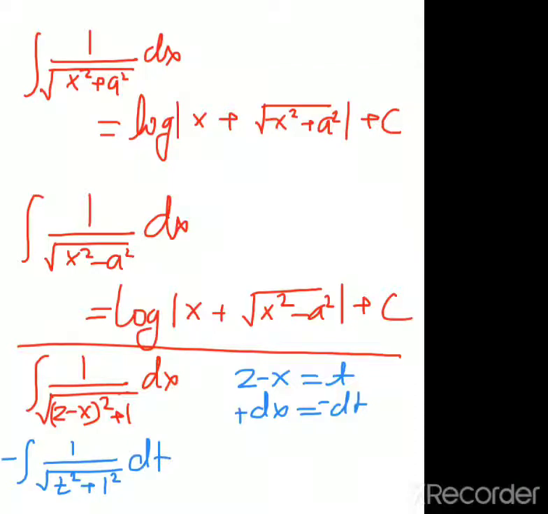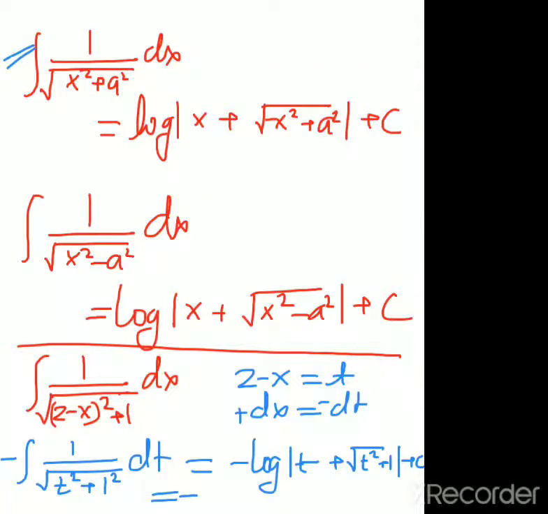So it becomes minus. Now x square plus a square means we need to apply this identity. Log mod x means t plus under root t square plus 1 plus c. Now the last step is we need to put the value of t.